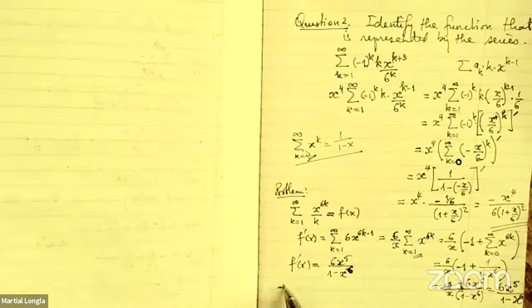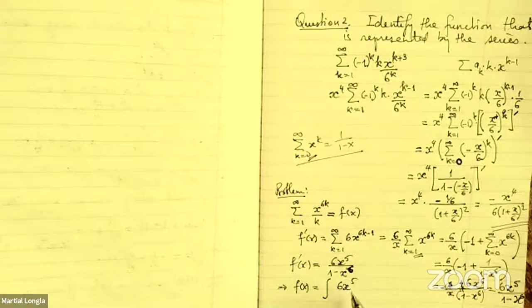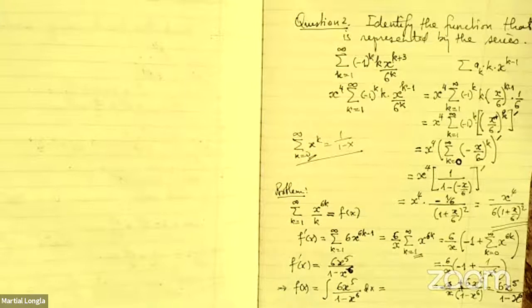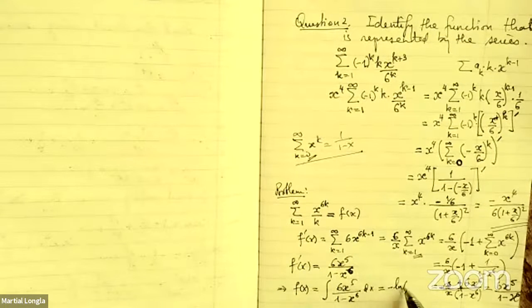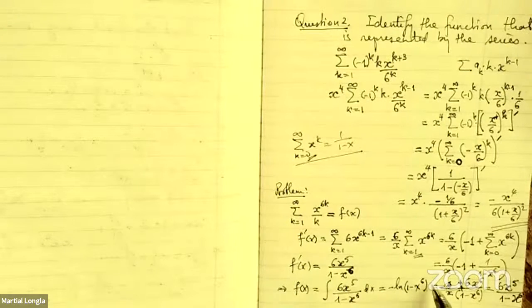Therefore, you can have that f of x equals the integral of 6x to the 5th over 1 minus x to the 6th dx. And you take this integral, and this integral is negative natural log of 1 minus x to the 6.